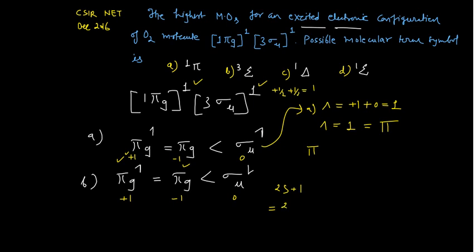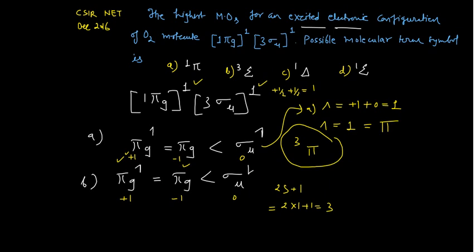So 2 into 1 plus 1 equals 3. So this is 3pi. There is no problem in that. So this is the term. There is no question of u and g and plus and minus sign in that case. But if you follow this one, that means you don't have this symbol here, that means this excited state is not the correct excited state which I have drawn. So obviously I have to move further.